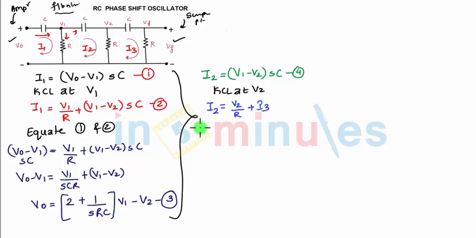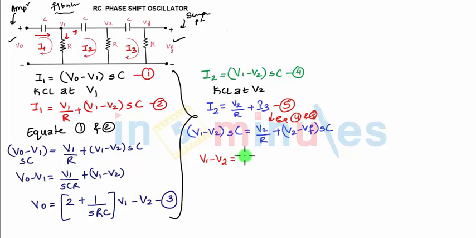I2 is nothing but V1 minus V2 into S into C, equal to V2 upon R plus I3, and I3 can be written as V2 minus Vf into S into C. This we got from equating 4 and 5. So we can say V1 minus V2 equals V2 upon SCR plus V2 minus Vf.